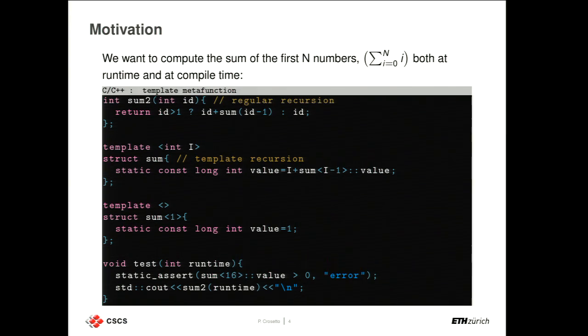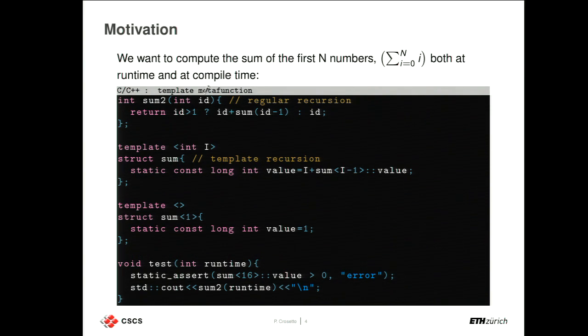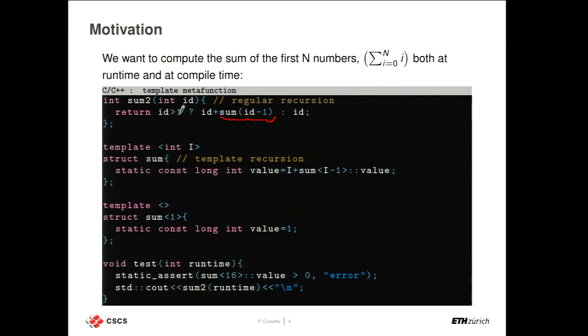In the pre-C++11 version, you would have to have two separate implementations for those. The runtime recursion calls sum with ID - 1, and when the ID is 1, it just returns ID. This is the standard way you would write the runtime recursion.